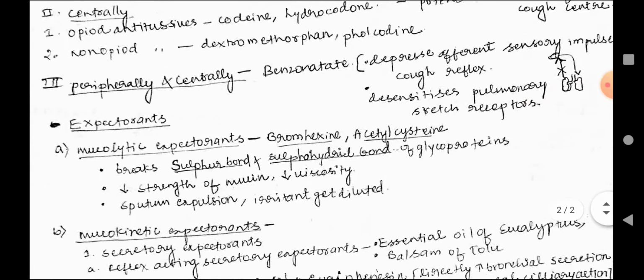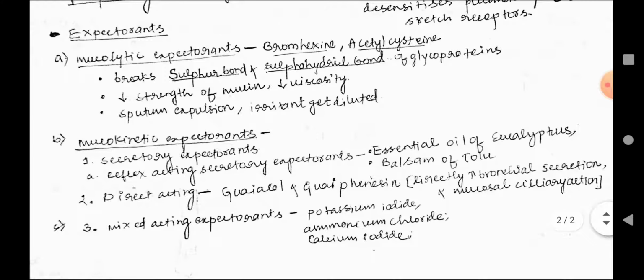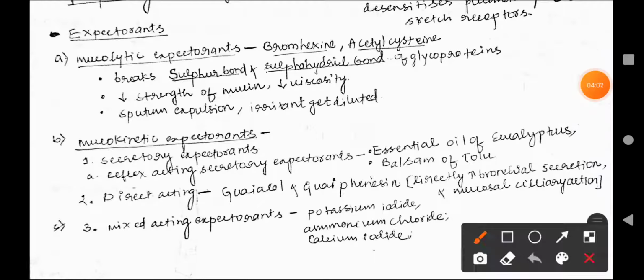Now let us come to the expectorants. These drugs are used to treat moist cough, and these are classified as mucolytic expectorants and mucokinetic expectorants. Examples for the mucolytic expectorants are bromhexine and acetylcysteine.